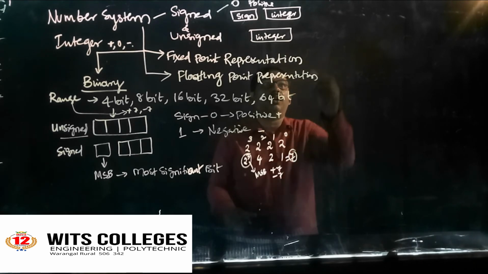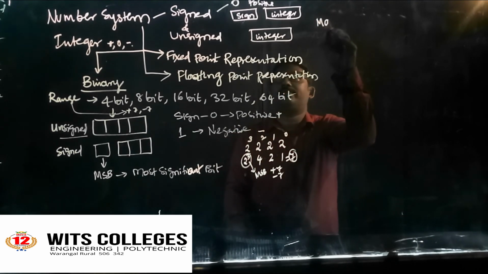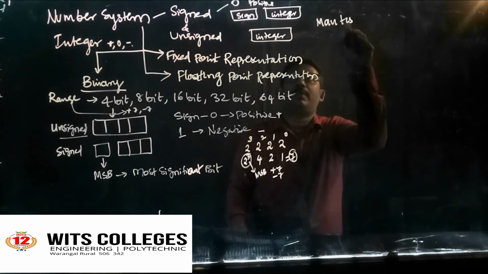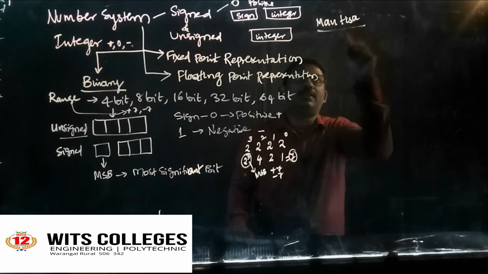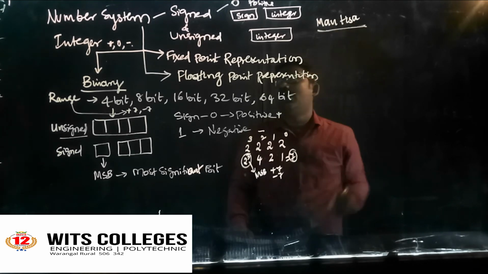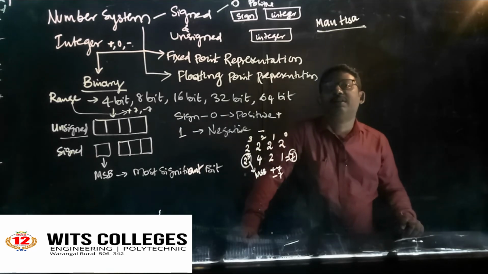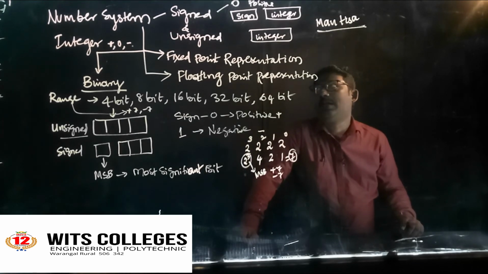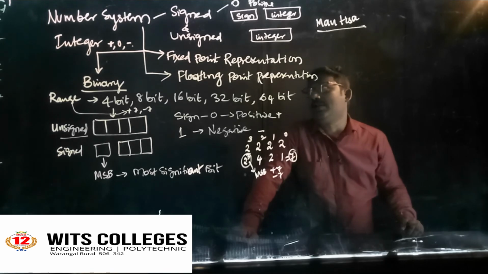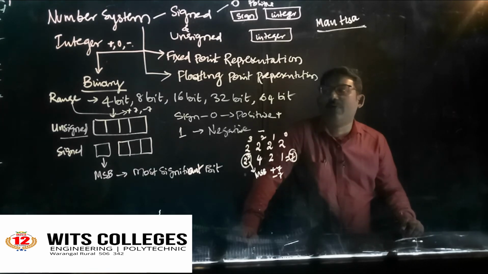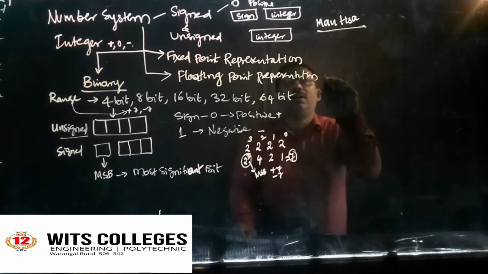You should know the word known as Mantissa. What is Mantissa? A single fixed point number is called Mantissa. That means the floating point number is divided into 2 parts.